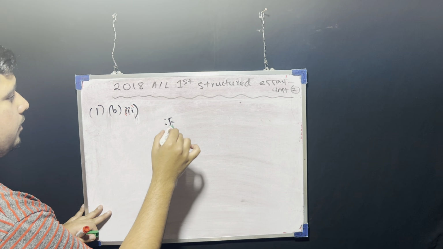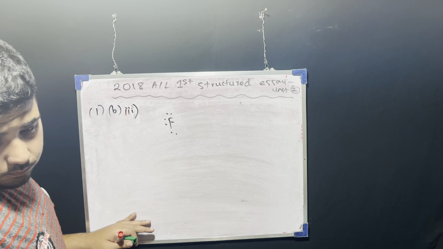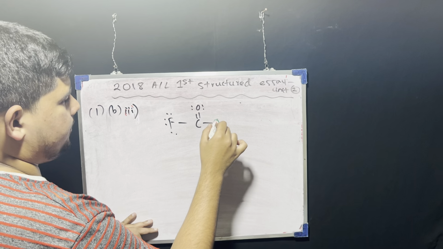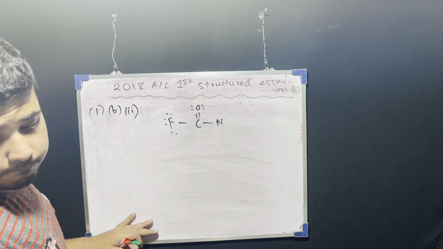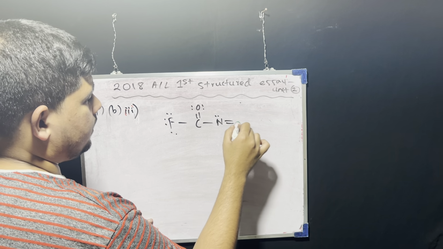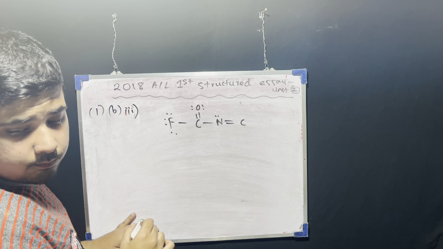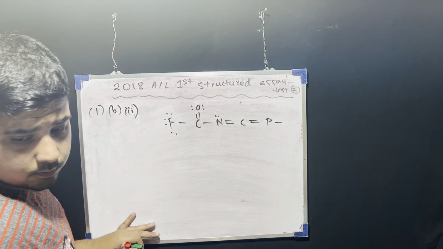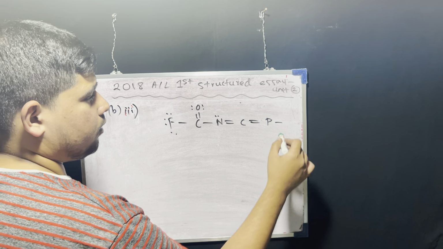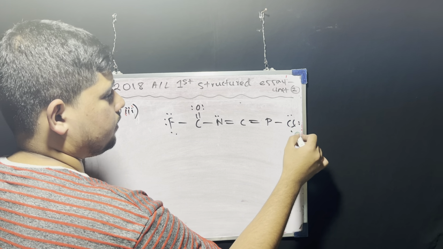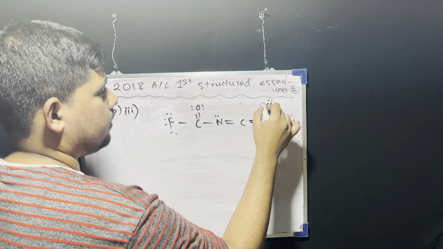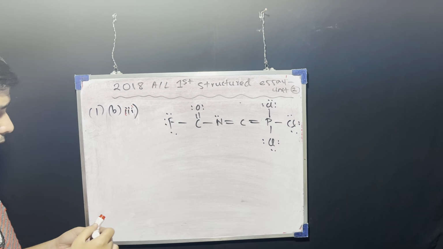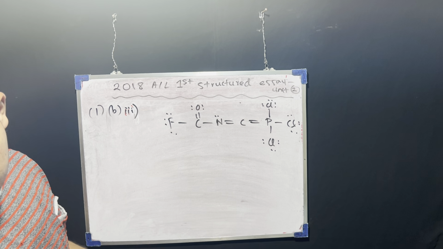Fluorine, carbon double bond with oxygen, nitrogen, lone pair, carbon, phosphorus, chlorine, chlorine, chlorine. Okay, this is the structure.